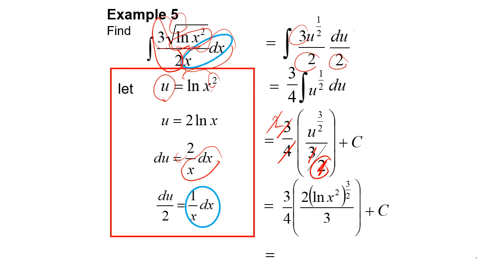We get 1 over 2 of natural log of x squared to the power of 3 over 2 plus c. So here you replace back u with natural log of x squared and then simplify. It doesn't matter which one you simplify first. Finally you get the same answer. Note that you cannot multiply this power, because this 3 over 2 is the power of the log itself, not the one inside the log. Okay, so this is our final answer for example 5.